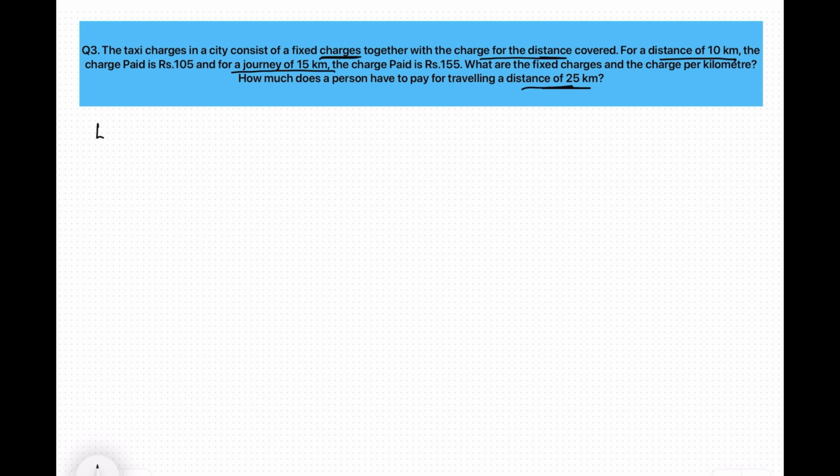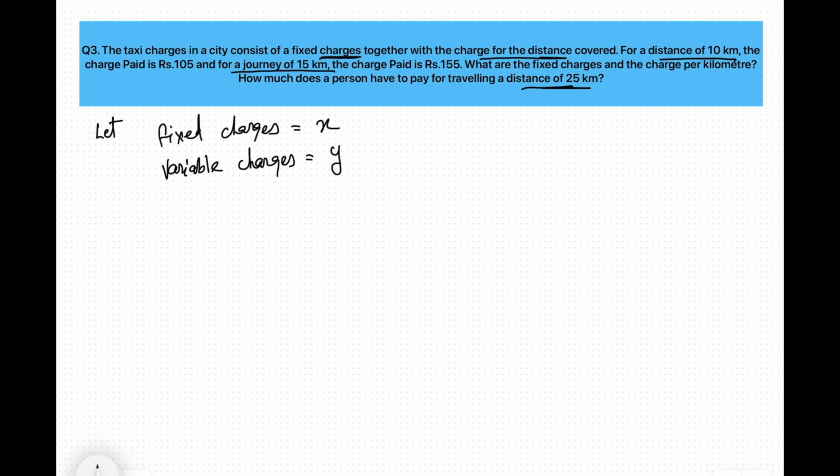So let's assume that fixed charges equal x, and the variable charges, which depend on the distance, equal y. Given that the charge paid for 10 kilometers is 105, right?